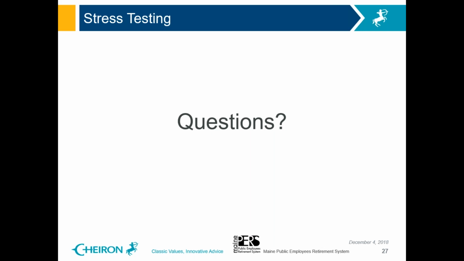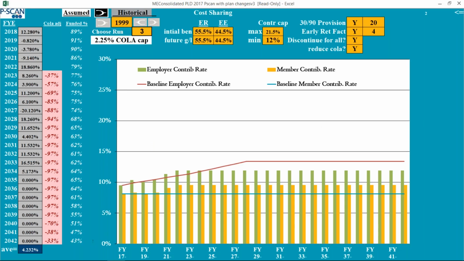So I'm reading the question, but my hunch is, when you did the stress testing, one of the things that you focused in on was the COLA, right? And if I'm correct about that, the question was asking, how many different variables can you stress test in the stress testing?